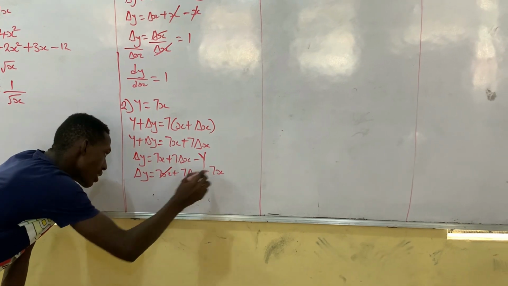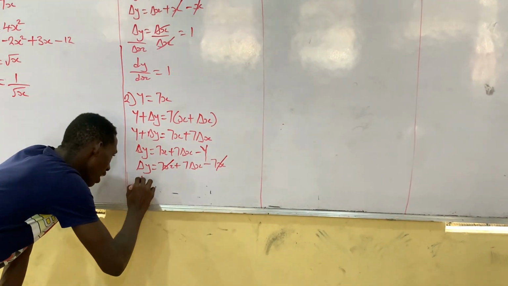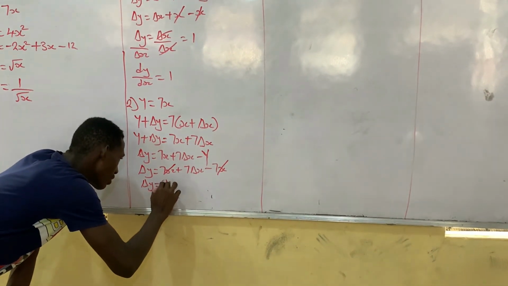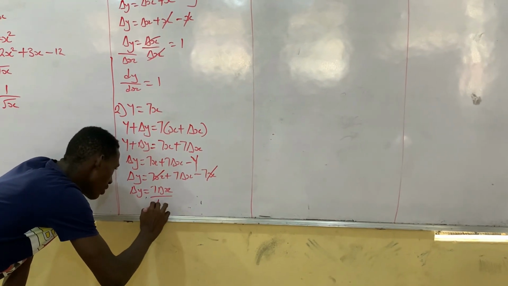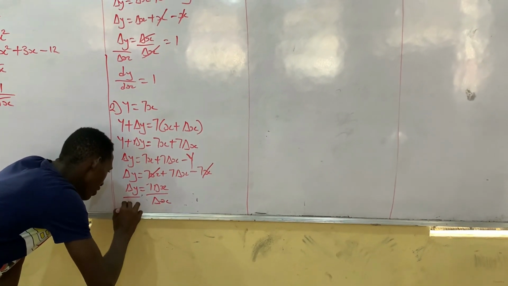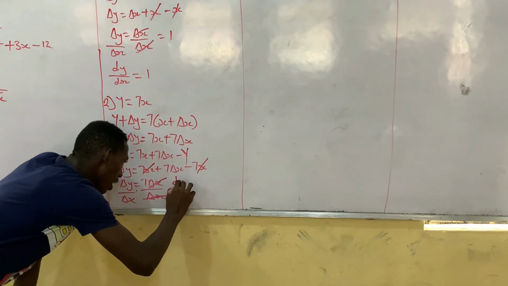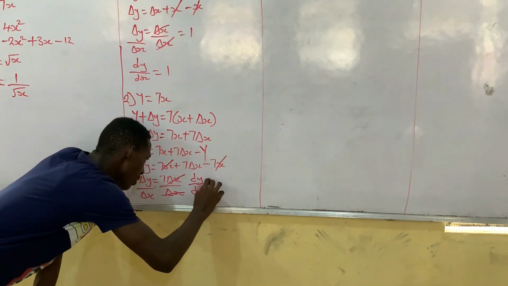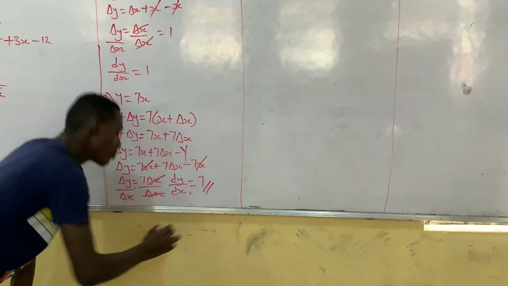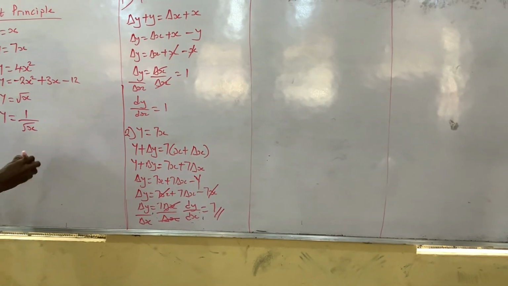Now our 7x here, we cancel our 7x here, and we have our change in y is equal to 7 change in x. We divide both sides by change in x. This cancels out each other. Therefore, our dy over dx is equal to 7. It's as simple as that.